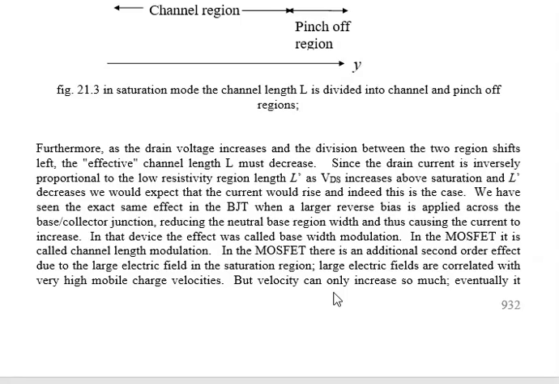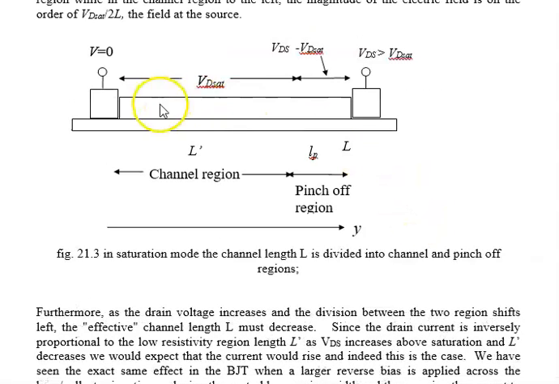Remember in a BJT, we put a larger reverse bias between the base and the collector, and the base shrunk. Well, here we put a larger and larger VDS, and what happens? The channel shrinks. Well, if the channel shrinks, we'll see quantitatively what happens, the current is going to get bigger.